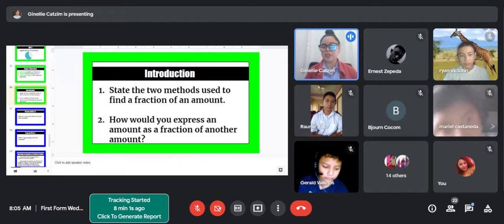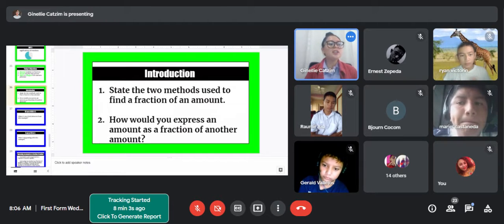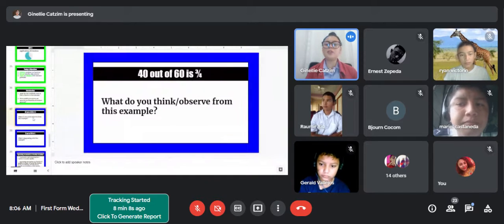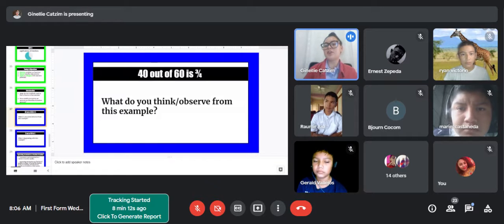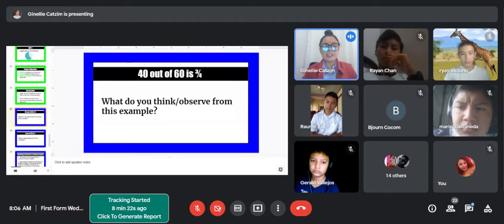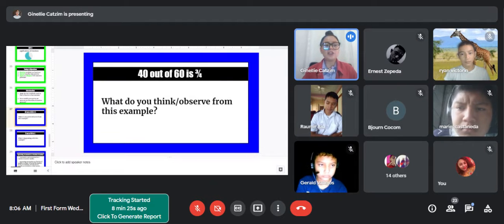So let's see. That's why you should think a little bit. So let's move on and we will find out how we will do that. What do you think or observe from this example? 40 out of 60 is 3/4. This is basically what I was asking. How can you take these two numbers or these two amounts and convert it into a fraction?